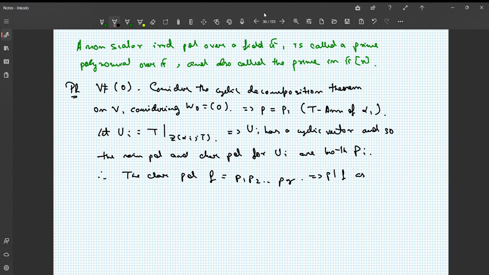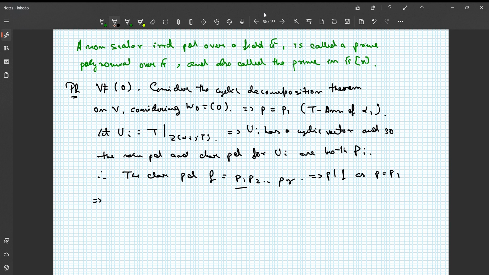And so that implies P obviously divides f, as P is equal to P1, right? So P1 divides f, that means P divides f. Furthermore, if the minimal polynomial divides f, that means any prime divisor of P is a prime divisor of f.